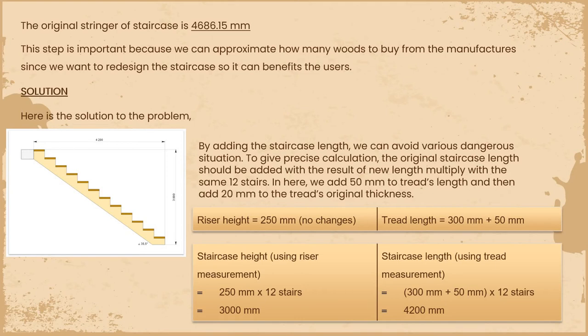with the new staircase length, multiplied by the same 12 stairs. As we can see, the riser height stays at 200 mm, and the staircase height using riser measurement is 250 mm multiplied by 12 stairs equal to 3000 mm, which is the same one. And the tread length, if you want to know the staircase length using tread measurement, is 300 mm plus 50 multiplied by 12 stairs equal to 4200 mm.